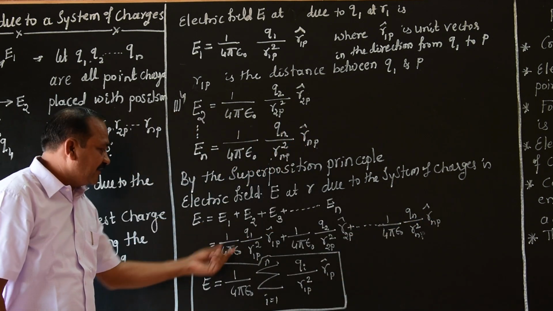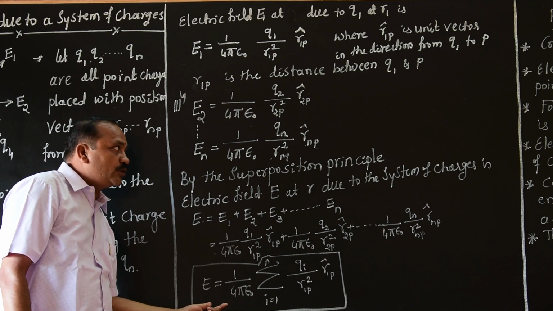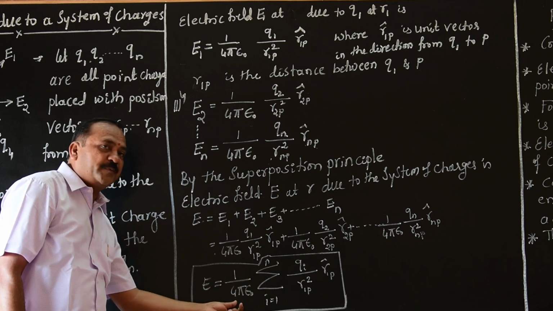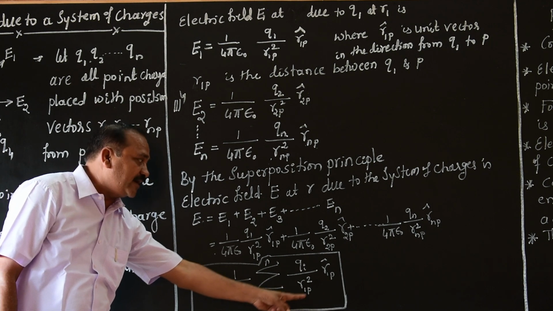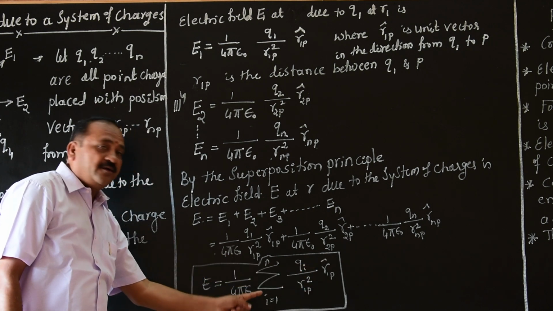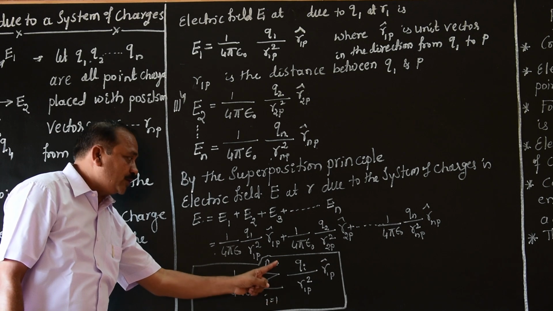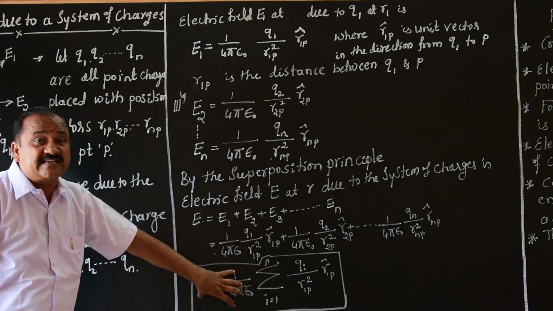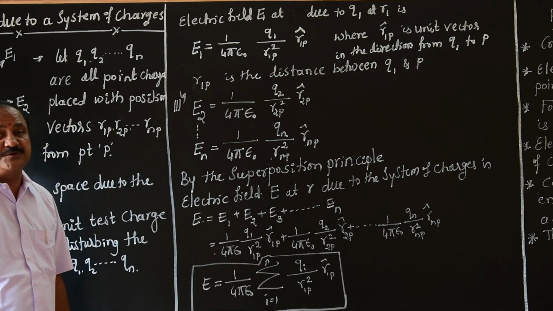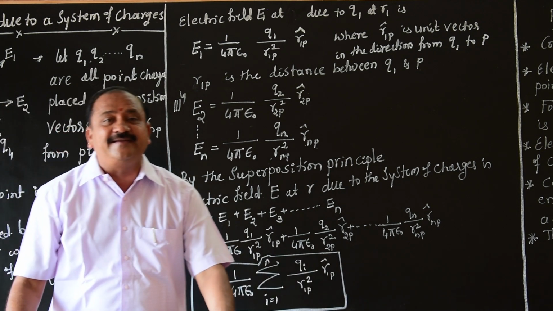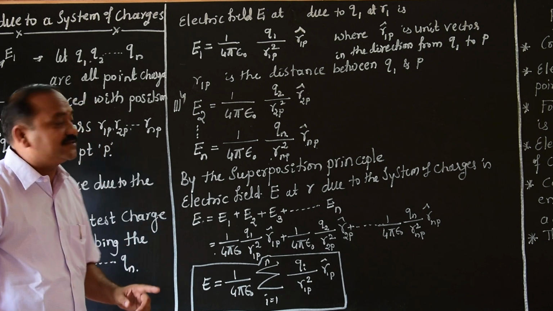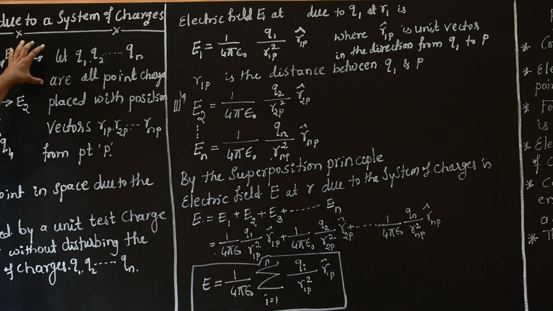In general, I can write E equals 1 divided by 4 pi epsilon naught, summation of Qi divided by riP square, riP unit vector, where i equals 1 to n. This is the general expression for the electric field at a point due to multiple charges, which we are supposed to know.